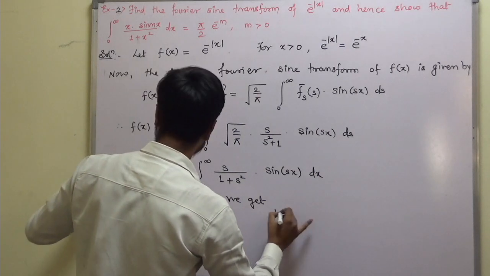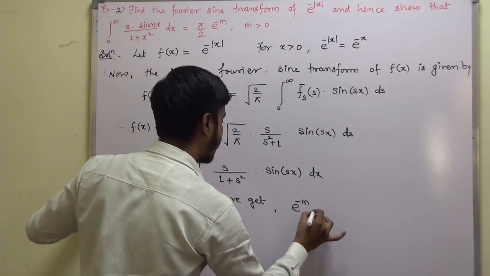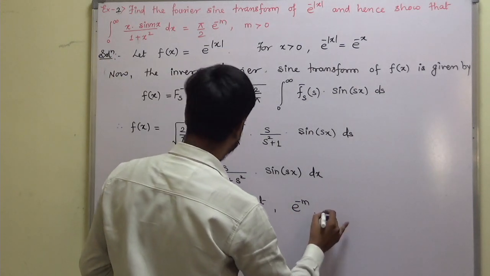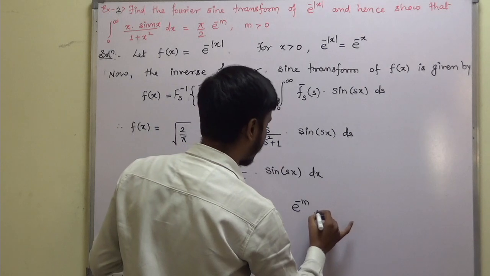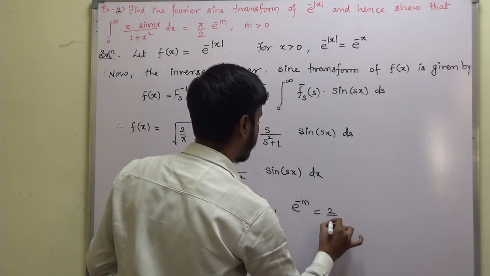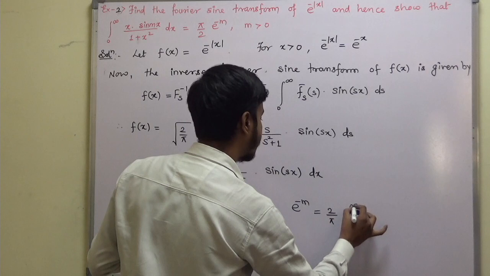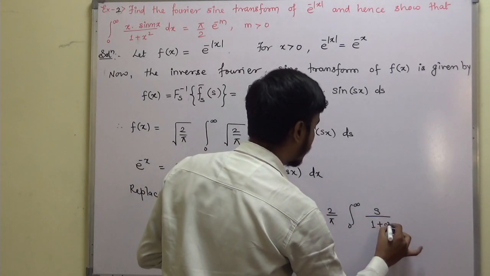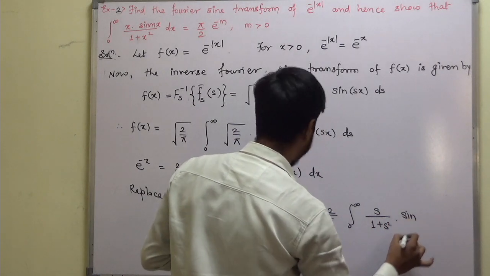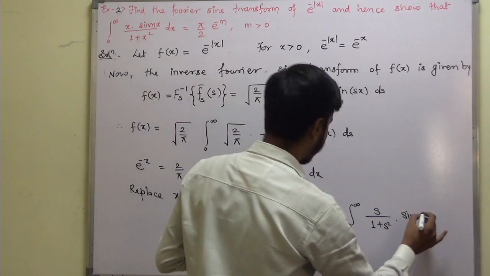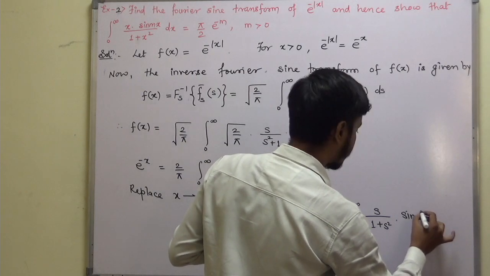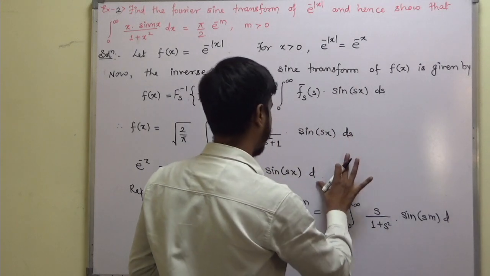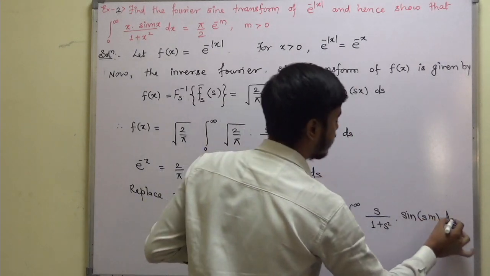I will be getting e to the power minus m is equal to 2 by pi integration 0 to infinity s upon 1 plus s square into sine sm ds.